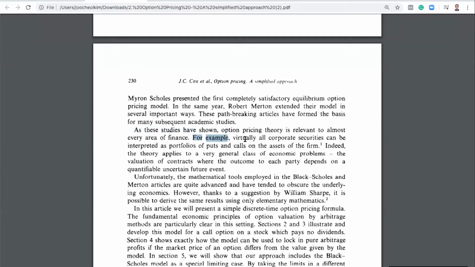For example, virtually all corporate securities can be interpreted as portfolios of puts and calls on the assets of the firm. So indeed, the theory applies to a very general class of economic problems. You can actually explain almost everything in finance.